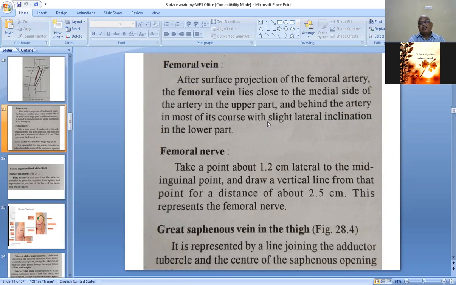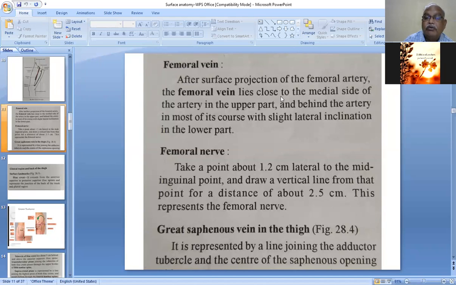So the femoral vein: upper part, medial side, then behind the femoral artery, then a slight lateral inclination.